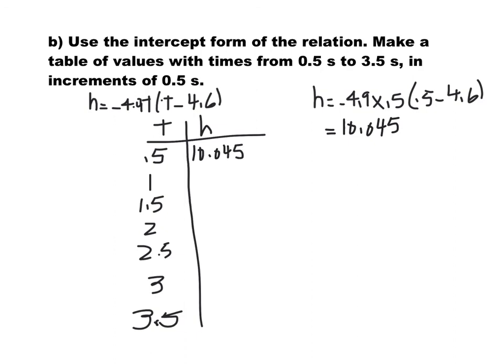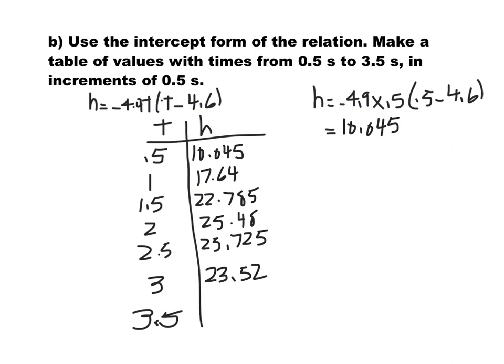If you do the same thing for the rest, you get 17.64, 22.785, 25.48, 25.725, 23.52, and finally 18.865.